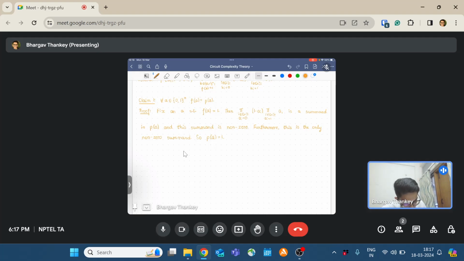Now we also need to look at a such that f of a is 0, right? So fix an a such that f of a is 0. The proof is analogous.